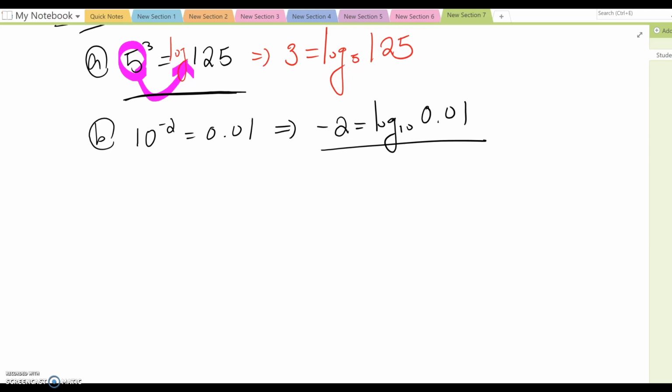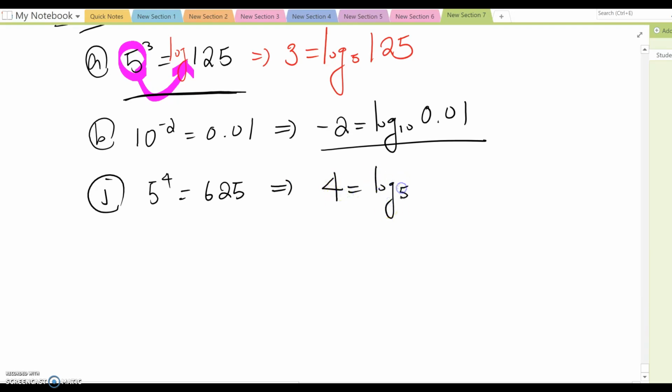Just one more and then we'll move to the next example. So j, 5 to the 4th power equals 625. So this answer becomes 4 equals log base 5 of 625.